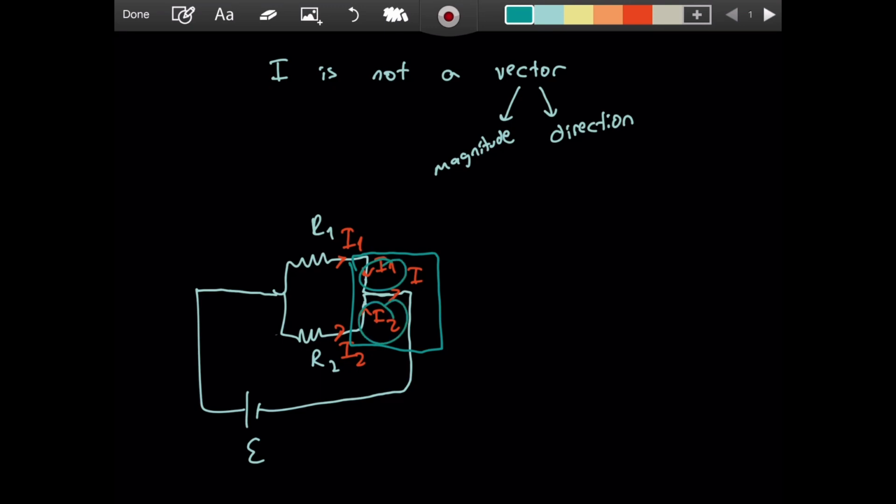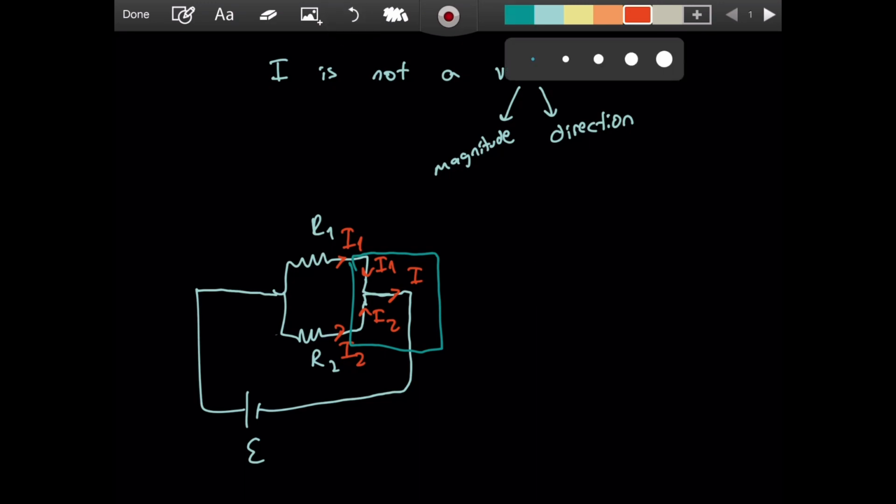If it is a vector, how do I add them? Well, they are in opposite directions, right? So I would subtract their magnitudes, and the one with the greater magnitude will win. So let's say if I2 is greater, their sum will be upwards. And that makes absolutely no sense for this problem.